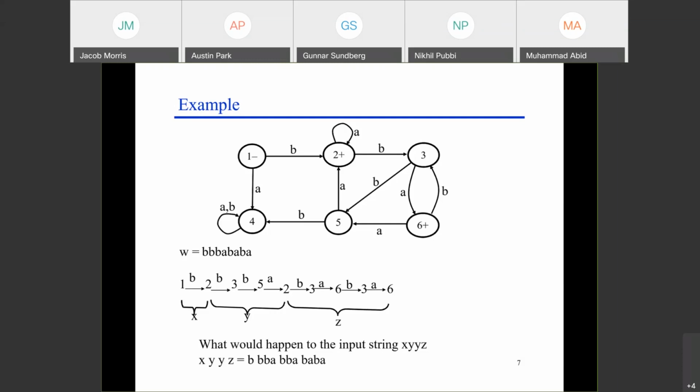So now we have one word, which is this word, and we want to see whether this is a valid word of this machine or not. Okay, so now let's see.